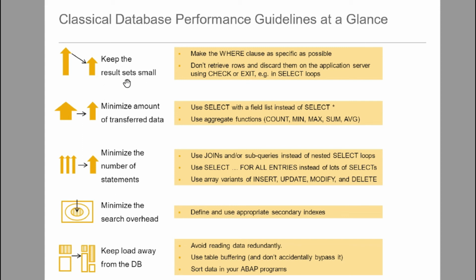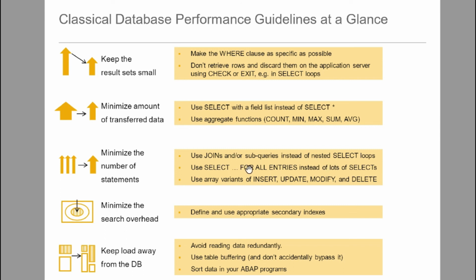Talking about the first one, you can make the where clause as specific as possible. Don't retrieve rows and discard them on the application server using CHECK or EXIT. For minimizing the amount of transferred data, you can use SELECT with aggregate functions. For minimizing the number of statements, you can use joins instead of nested SELECT loops.